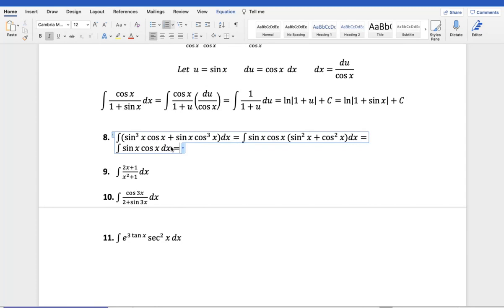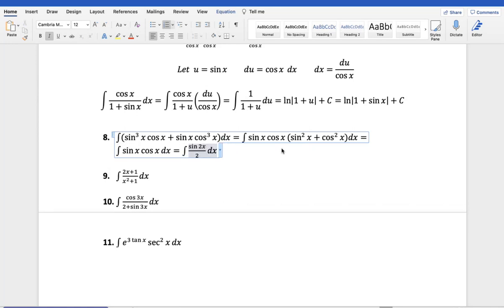We can use u substitution, or we can use our rules for double angles. We know that sine of 2x is just equal to 2 sine times cos, and therefore when you reverse that, you have sine of 2x divided by 2, which gives you the same answer.